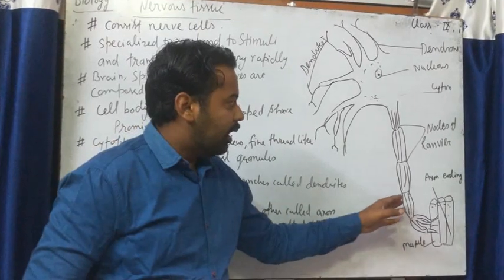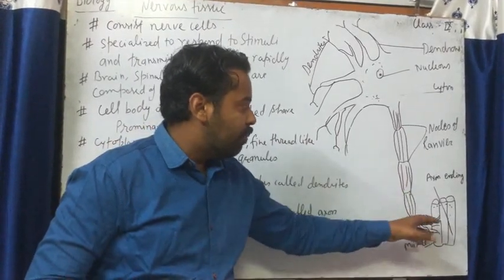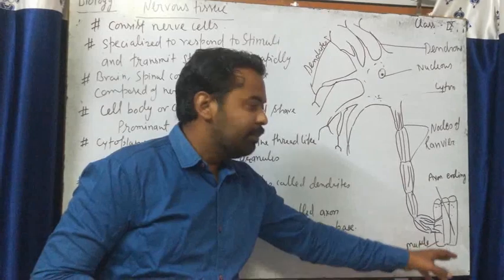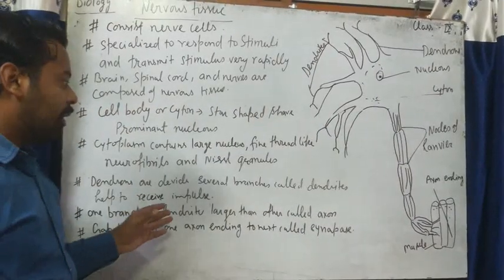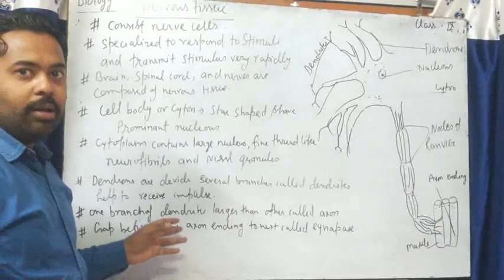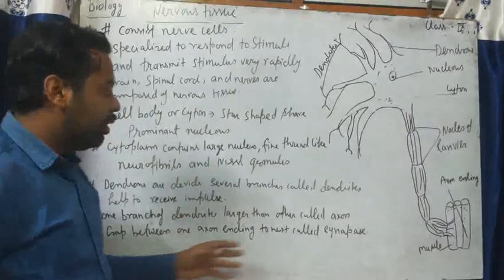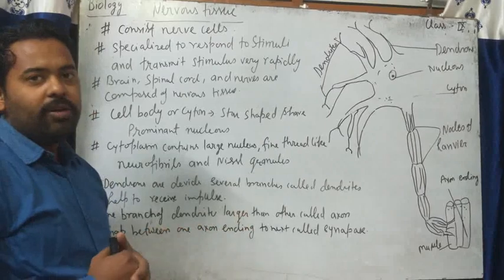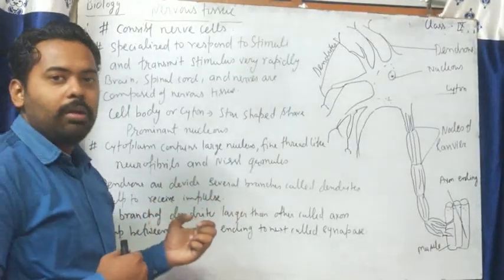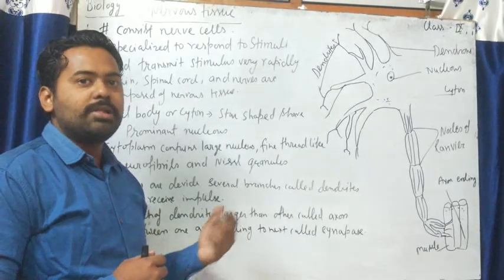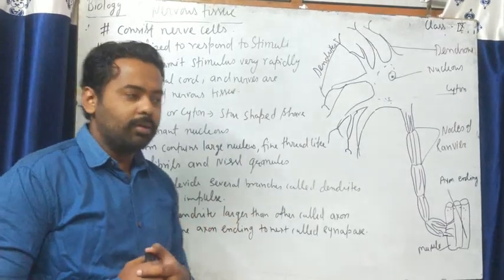This axon opens into the axon ending and muscle. The gap between one dendrite and another, or one axon ending and another, is known as a synapse. The major function of nerve cells is to receive impulses and send these impulses to the brain for further work.